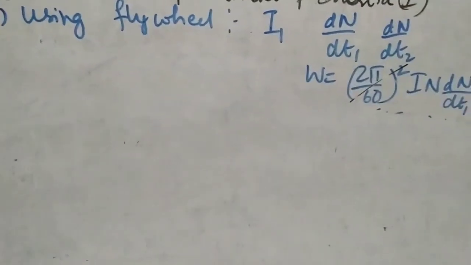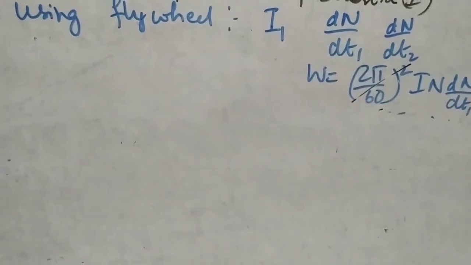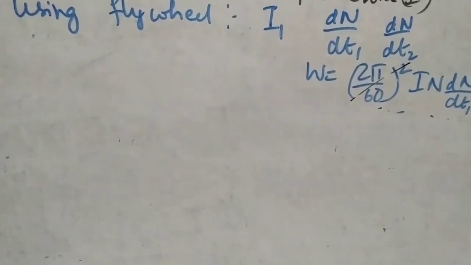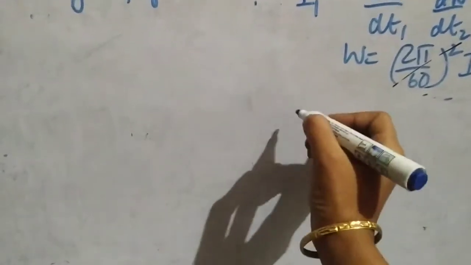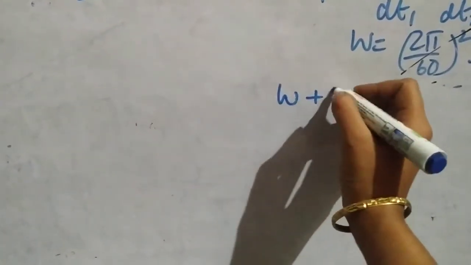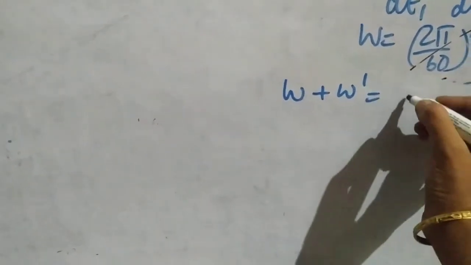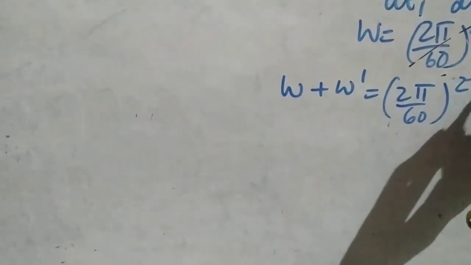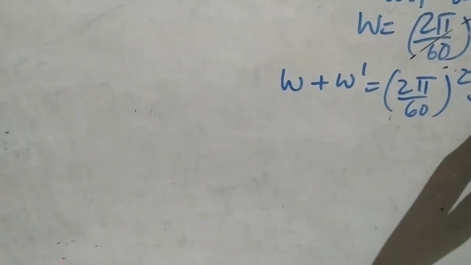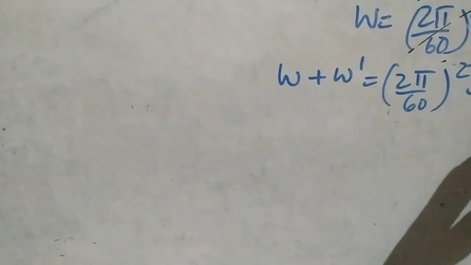When only the armature is included, we already know W. When the additional retarding electrical torque is supplied by the motor, it is included as W plus W dash, which is equal to (2 pi by 60) whole square into In into dN divided by dt2.